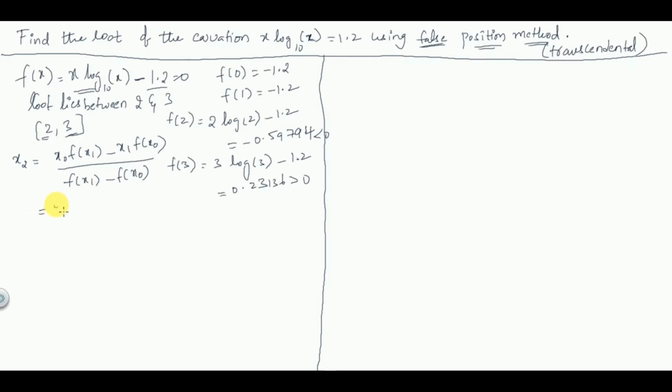So we get 2 into f of 3, which is 0.23136, minus 3 into f of 2, which is minus 0.59794, divided by 0.23136 minus of minus 0.59794.